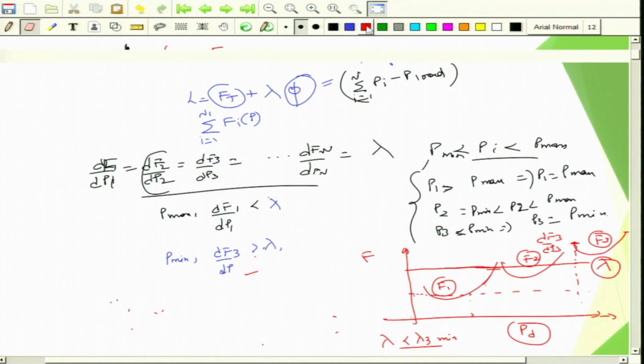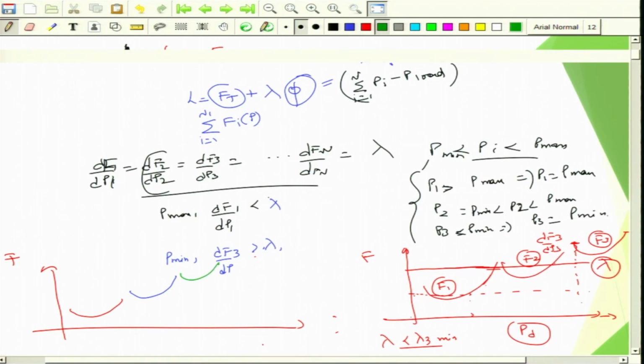Let us say you have a generator combination, the characteristics curve goes something like this. This is a fuel characteristic, this is for generator 1, and let us say this is for generator 2, and this is again for generator 3, something like this.